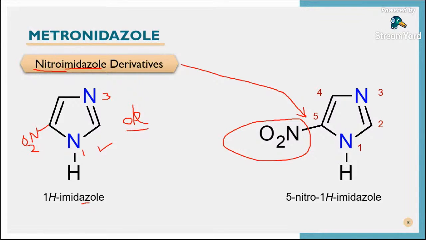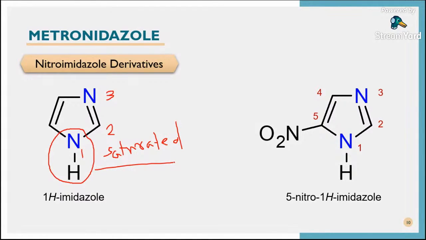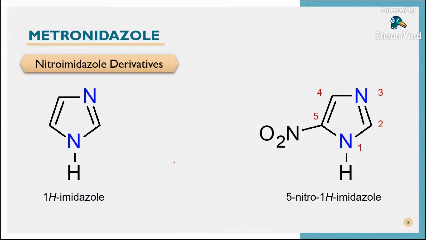Once you have drawn the structure of imidazole, then try to draw the structure of nitroimidazole. The nitro group you have to add at the last carbon atom. Here you have to start the numbering from this nitrogen atom, because as per the IUPAC nomenclature rules, you have to give preference to the saturated heteroatom.